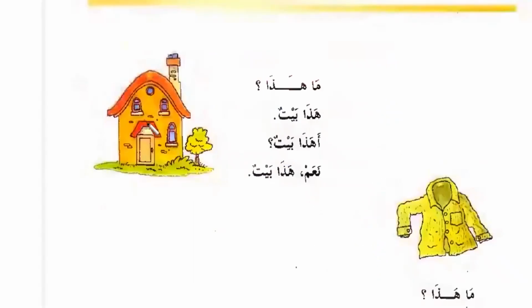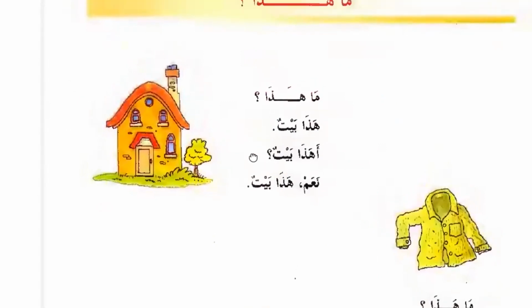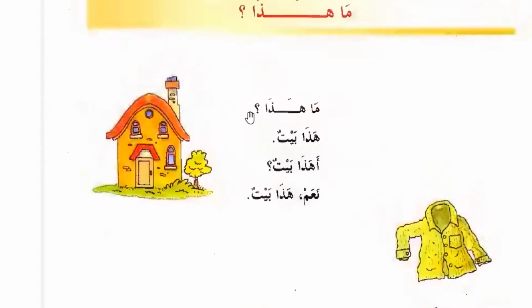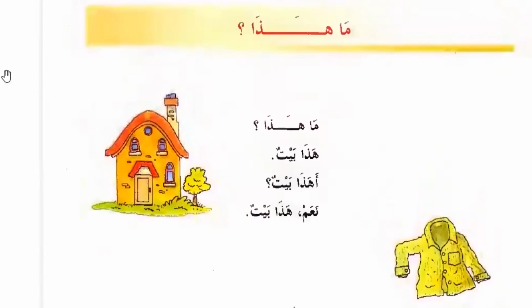So we are reading from the book. We have just seen mahaza, which we said is used for irrational things.